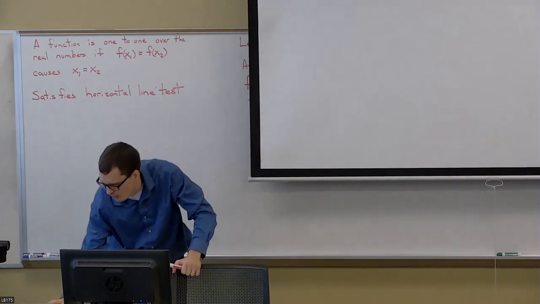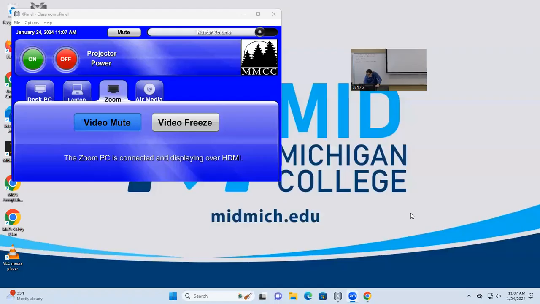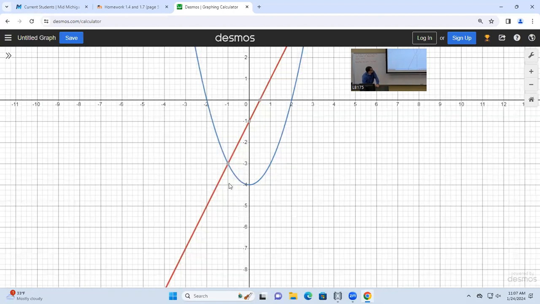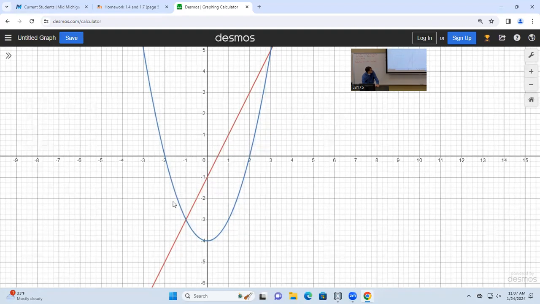And I said over the domain of all real numbers, but you can do this over any domain you'd like. So for instance, if you look at this line, this red line, there's no two outputs on the same horizontal line. So the red would be one-to-one. So a line is one-to-one. But a parabola is not one-to-one.